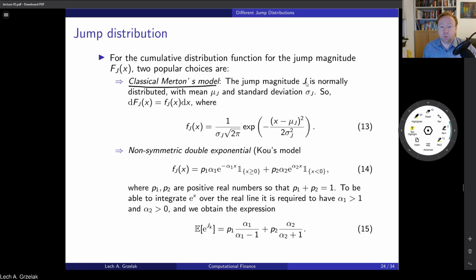As you can see, once we define J to follow a normal distribution, we introduce two additional parameters, mu J and sigma J. And already at this point, I would say the calibration of the model becomes much more complicated. So instead of having just a sigma, we also have sigma J and mu J, and that complicates the calibration part significantly.